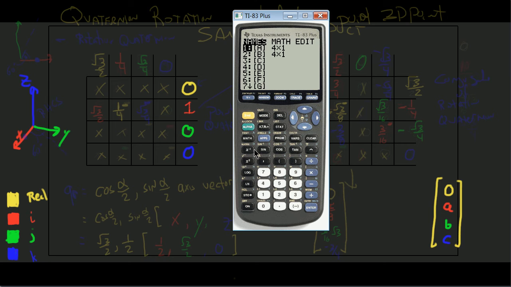Second matrix, I go to math. Go to A, and then I go to second matrix math transpose, and then second matrix B, and I get a value which is not what I want.